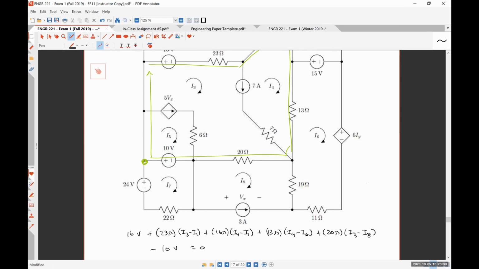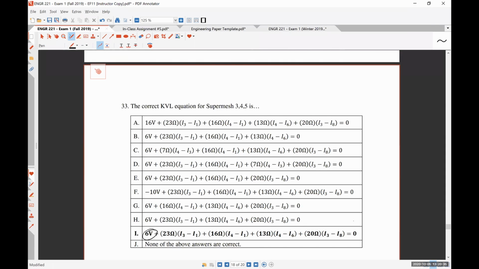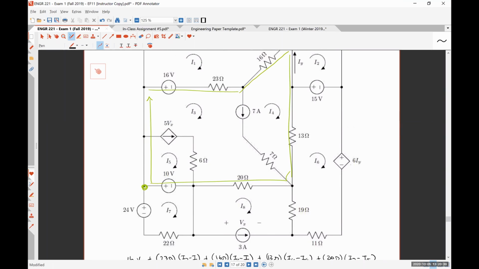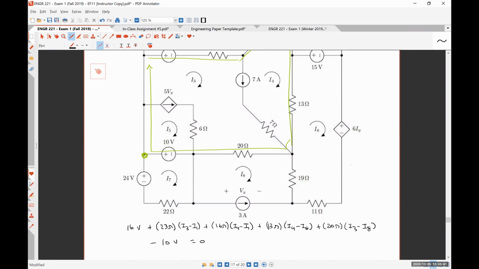Could you do number 34 on that same test? Number 34, Vx in terms of the mesh currents. Sure, let's see. All right, so let me define, let's call this guy V20 and this guy V19.